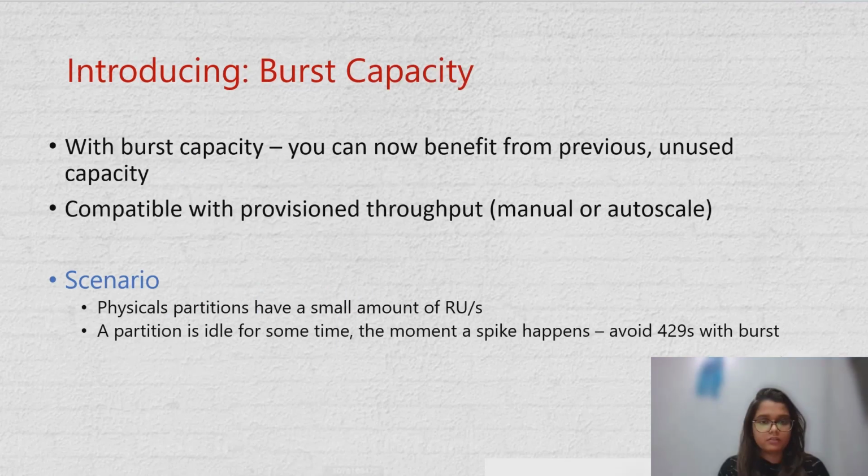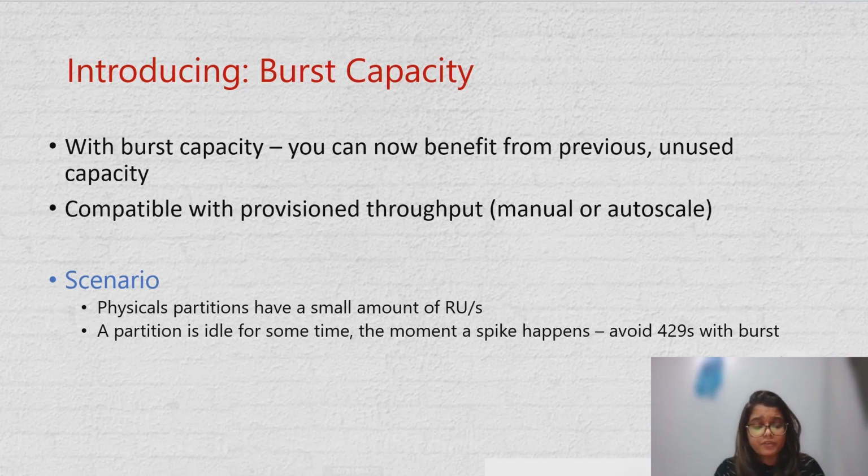Burst capacity is a feature which allows you to consume your previously unconsumed capacity in Cosmos DB. It is compatible with both manually as well as autoscale configured containers. In Cosmos DB, when you configure throughput in a container, it is actually distributed among all the physical partitions.